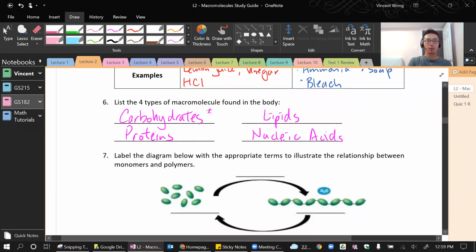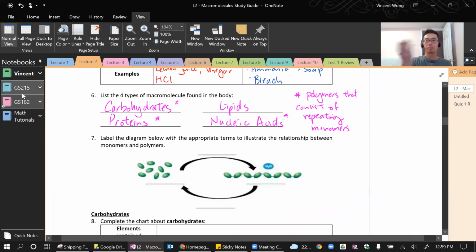So carbohydrates, proteins, and nucleic acids, okay, they are polymers that consist of repeating monomers. If you think of a train as a polymer, then the individual parts are like monomers.